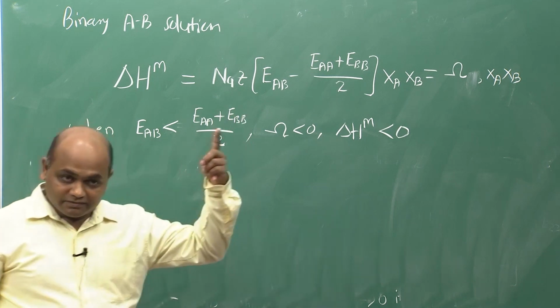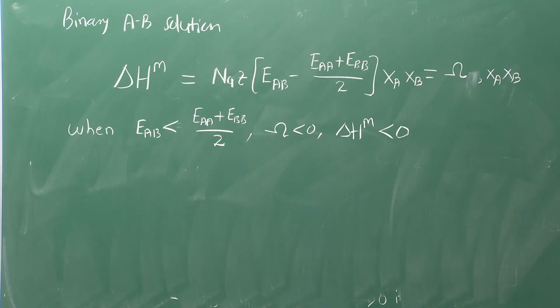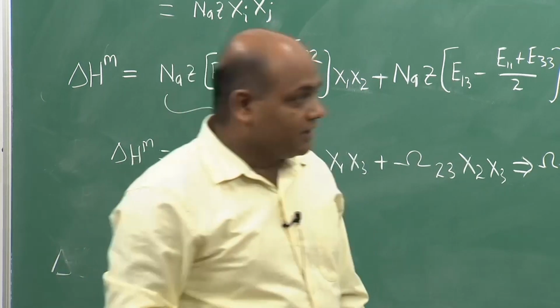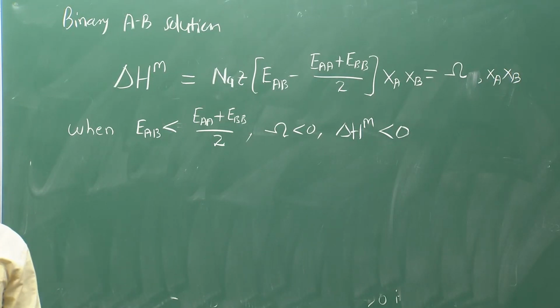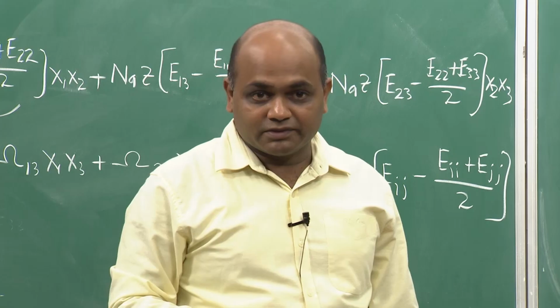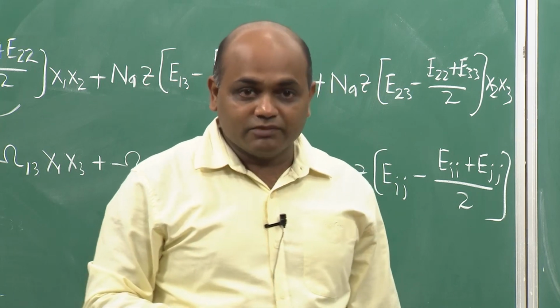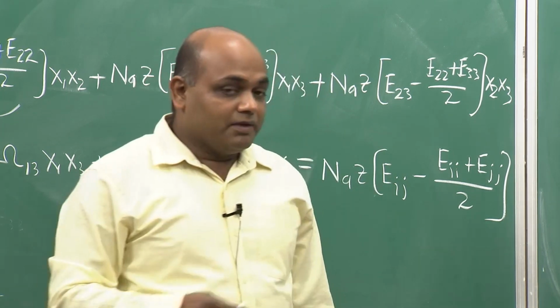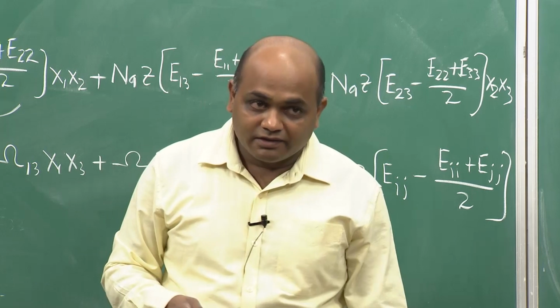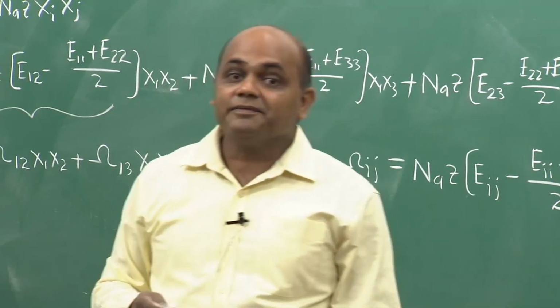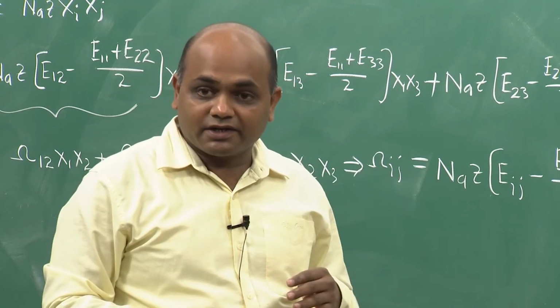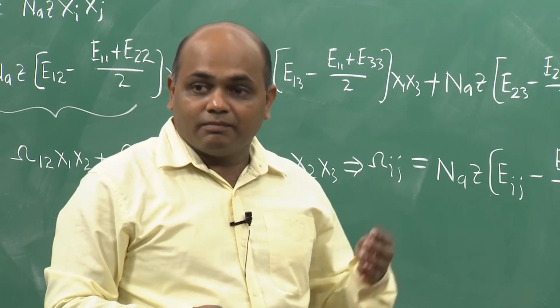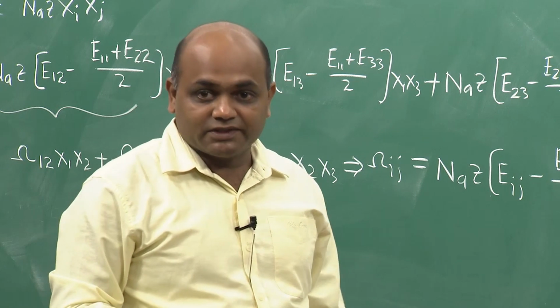We have seen when we studied Raoult's law and Henry's law, or how the vapor pressures vary with composition, that if AB bonds are stronger than AA or BB bonds, we said that the intrinsic evaporation rate of A will come down by going into the solution from pure state, right.